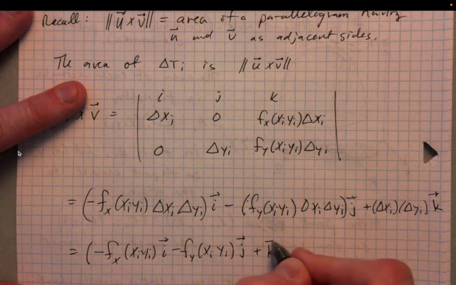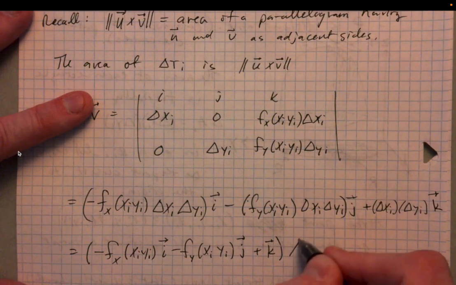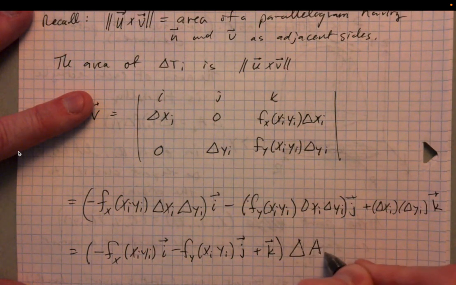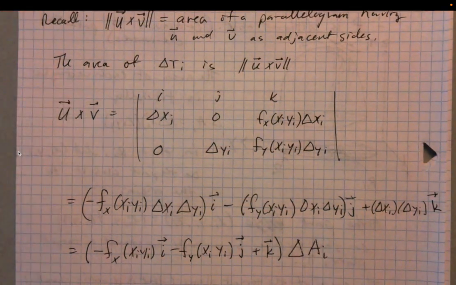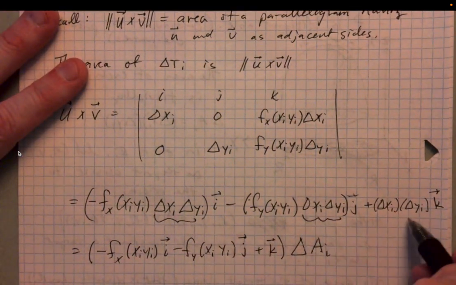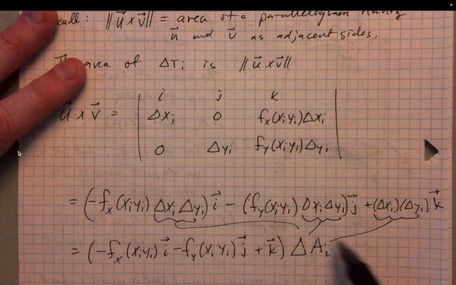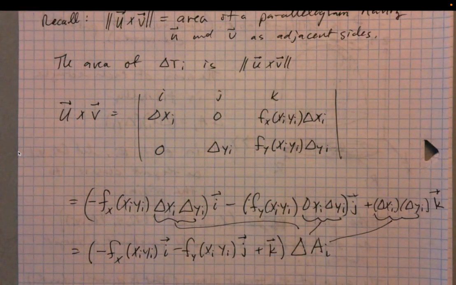And that's all going to be times delta xi delta yi, which was what? Delta Ai. Right, so just to make sure people are following, these three have to be factored out. Okay, and so then you get this.